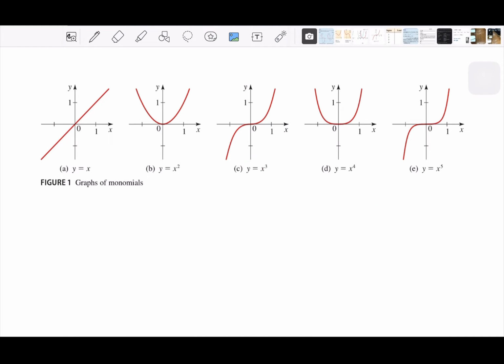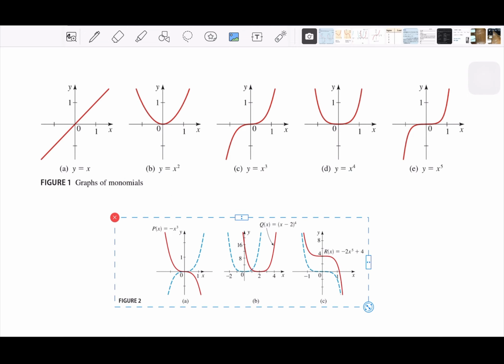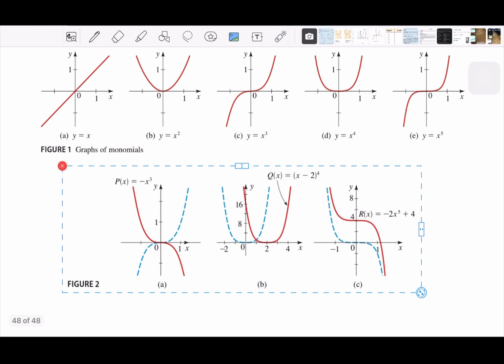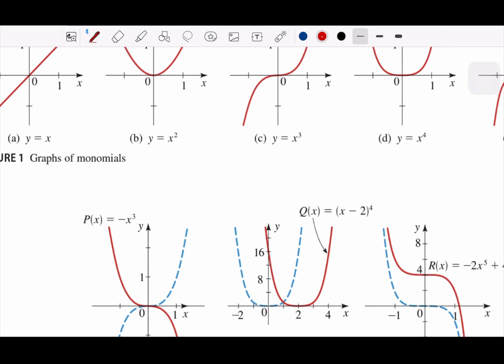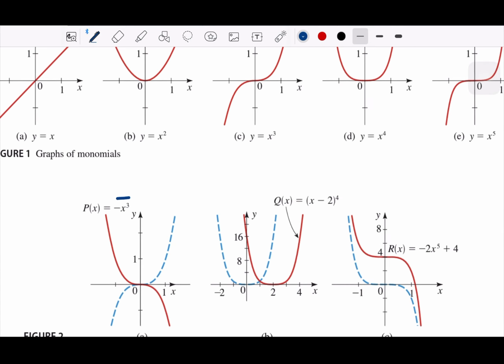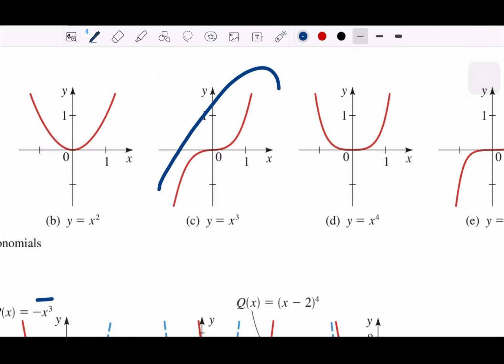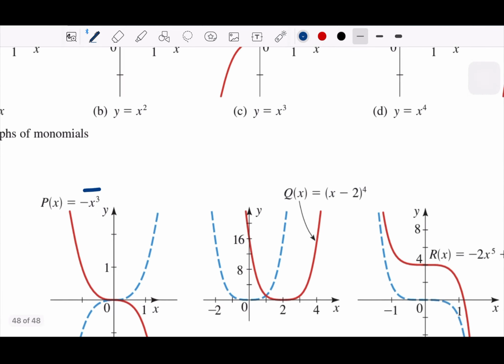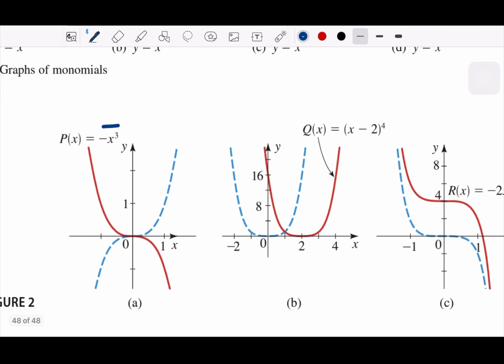So, for example, if we have negative x cubed, it means we take the positive one and then mirror it across the y-axis, and it goes like this.